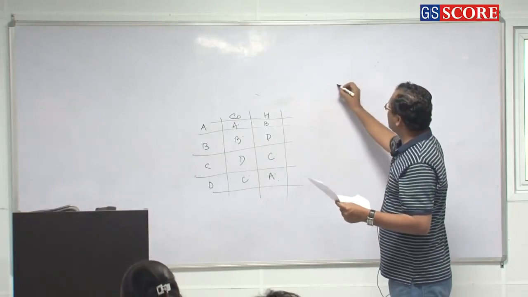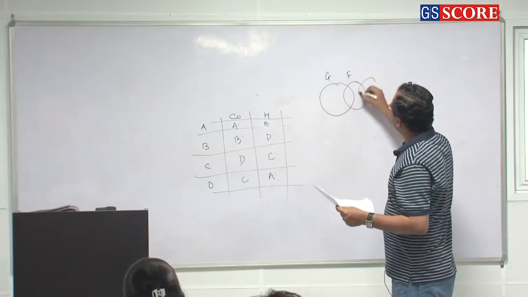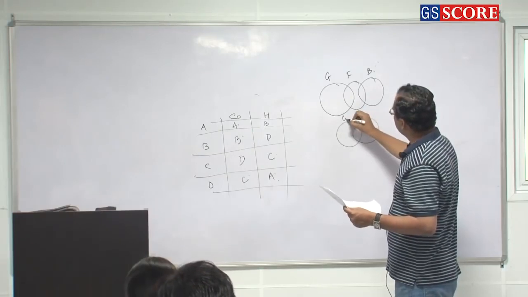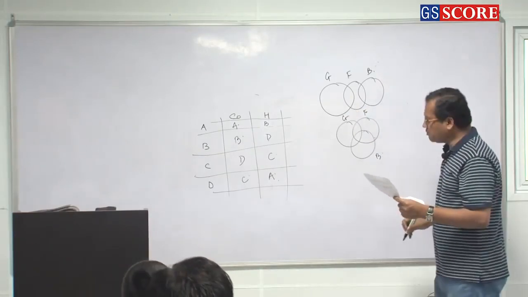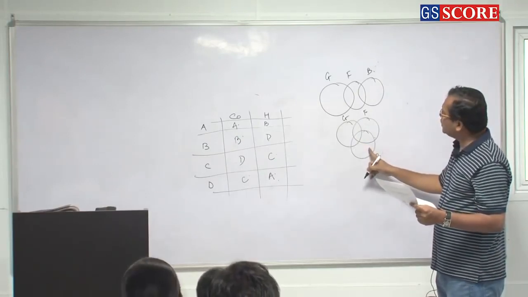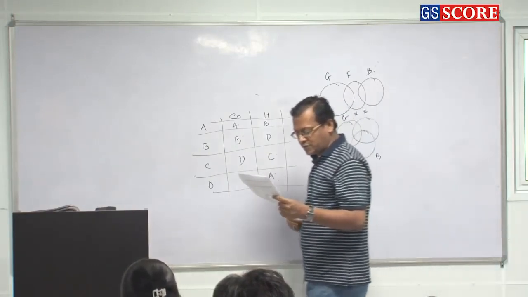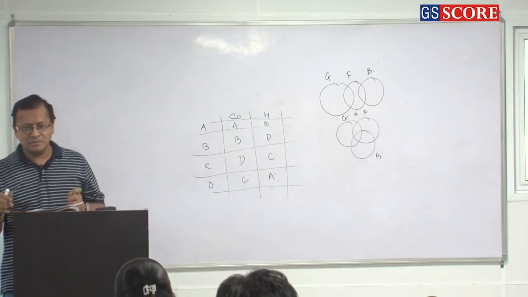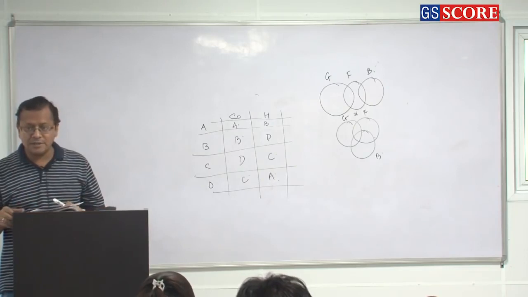Some girls are books, no book is a girl. So either this or this will follow, which means either one or two follows, that is, option number C is your answer. Clear or not? Right? Yes.